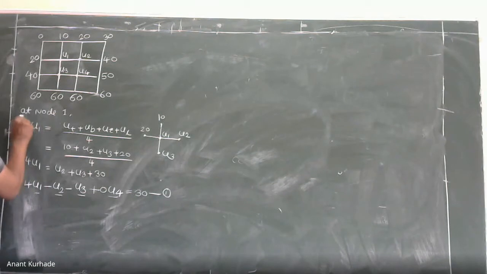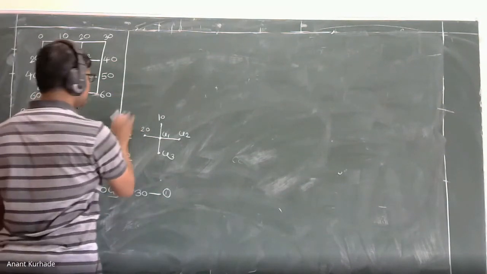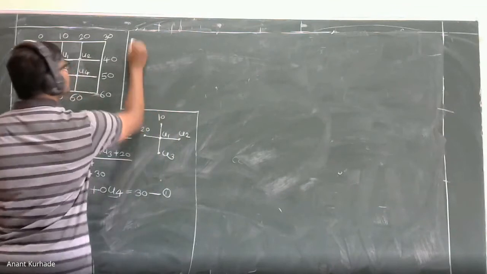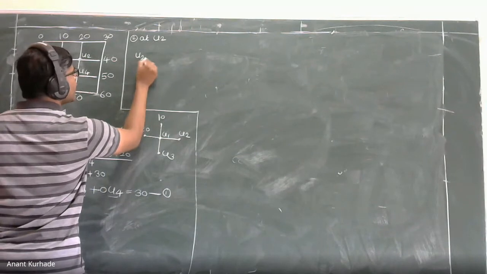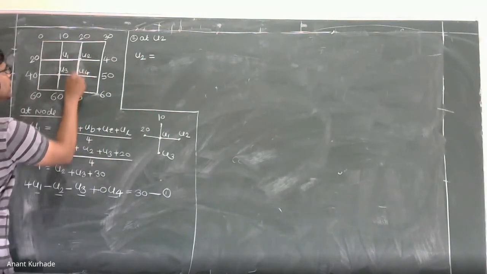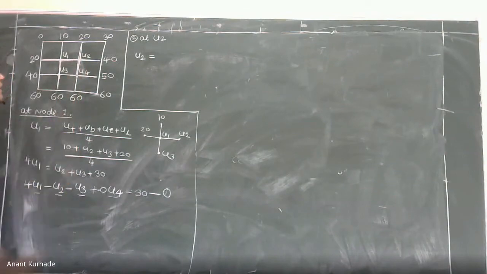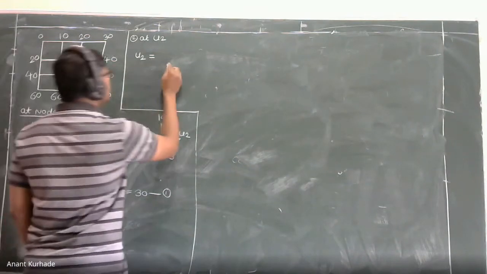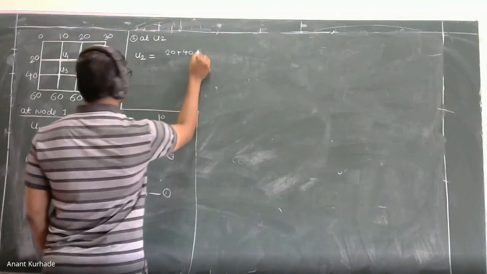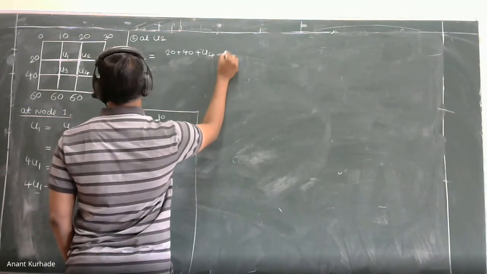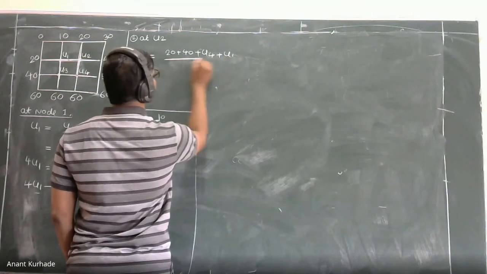Now we go to node 2. U2 is equal to 20 plus 40 plus U4 plus U1, divided by 4.